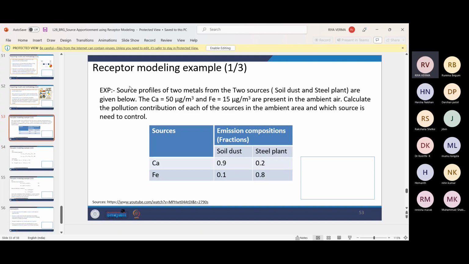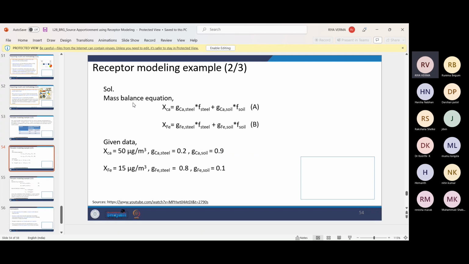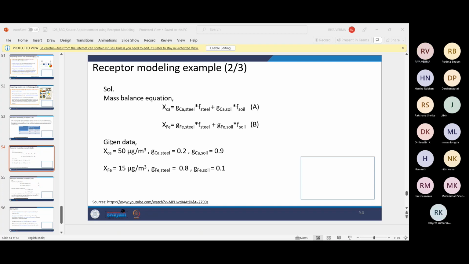In the question, it is given the total emission of your calcium and iron is 50 and 15. So we have values of XCA and XFE. XCA is 50 and XFE is 15, right? Then we have GCA of steel 0.2, GCA of soil 0.9, GFE of steel 0.8, and GFE of soil 0.1.